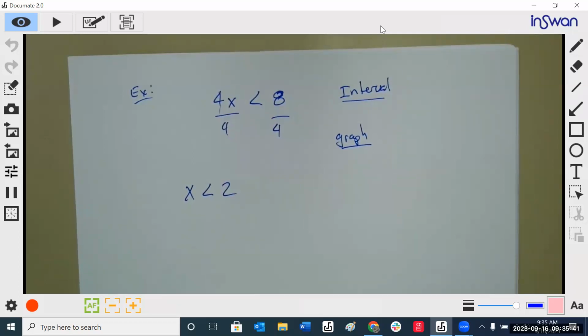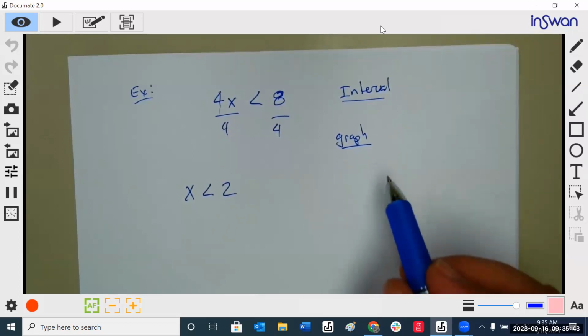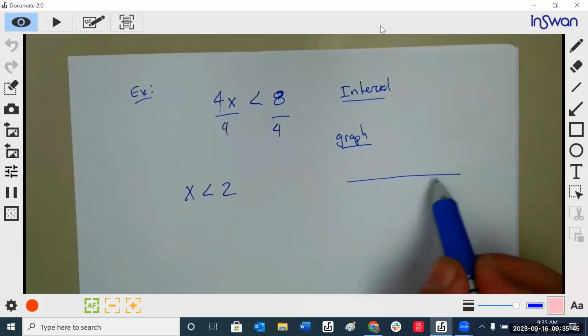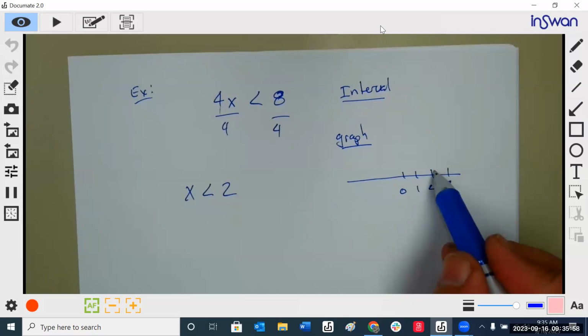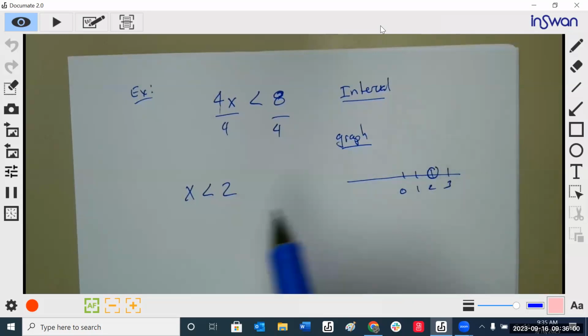And it's always easiest if you use graphing as the intermediary between the symbols. So is 2 an open circle or a closed circle? Because there's no equal sign.